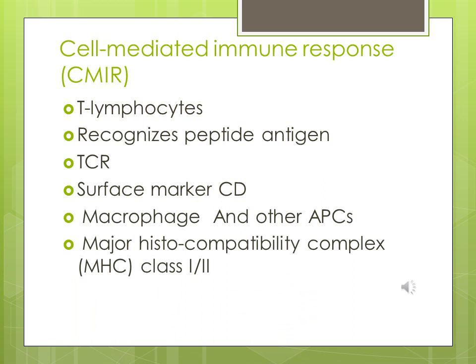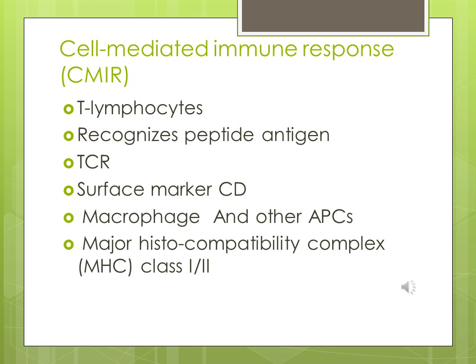Now I would like to continue with cell-mediated immune response, or CMIR. CMIR can be acquired through T cells from someone who is immune to the target disease or infection. Cell-mediated refers to the fact that the response is carried out by the cytotoxic T cell.